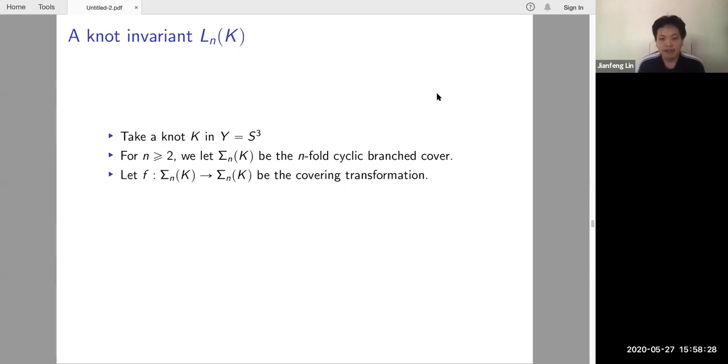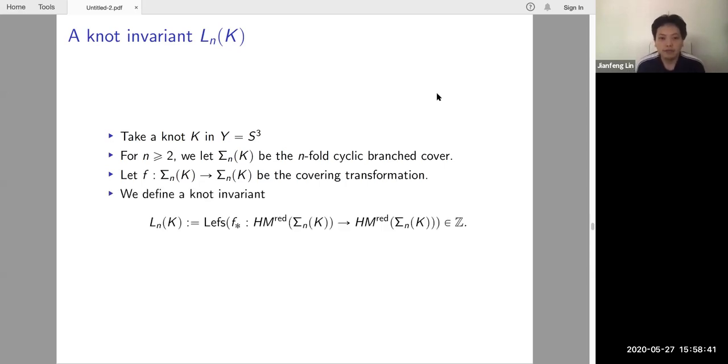And we will let F be the covering transformation, or more precisely, F is the deck transformation that generates the group of covering transformations. And now we can define a knot invariant as the Lefschetz number of the induced map on the monopole Floer homology. So this is just an integer.